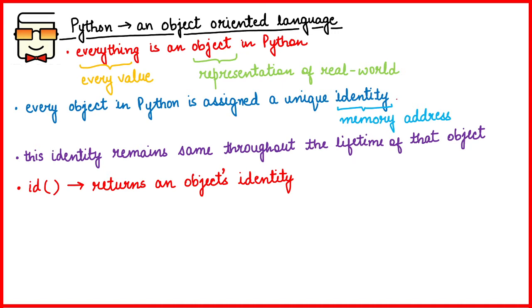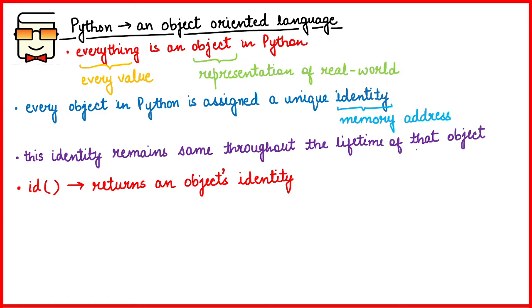Throughout the life of that object, this identity will not change. Just like you have an ID card when you enter a college or a school, and that remains the same throughout your class, right? That is why each object has an identity, which is the memory address where that object is located in the memory.